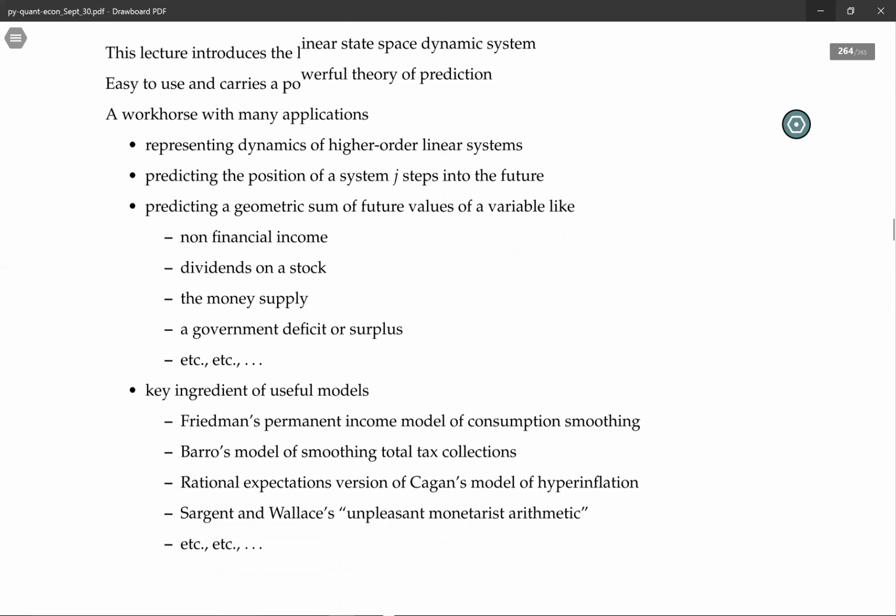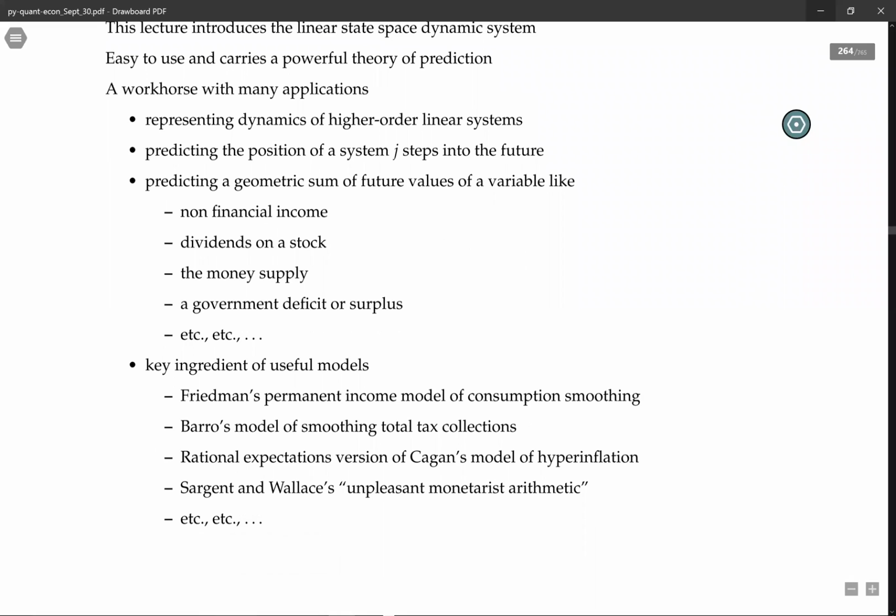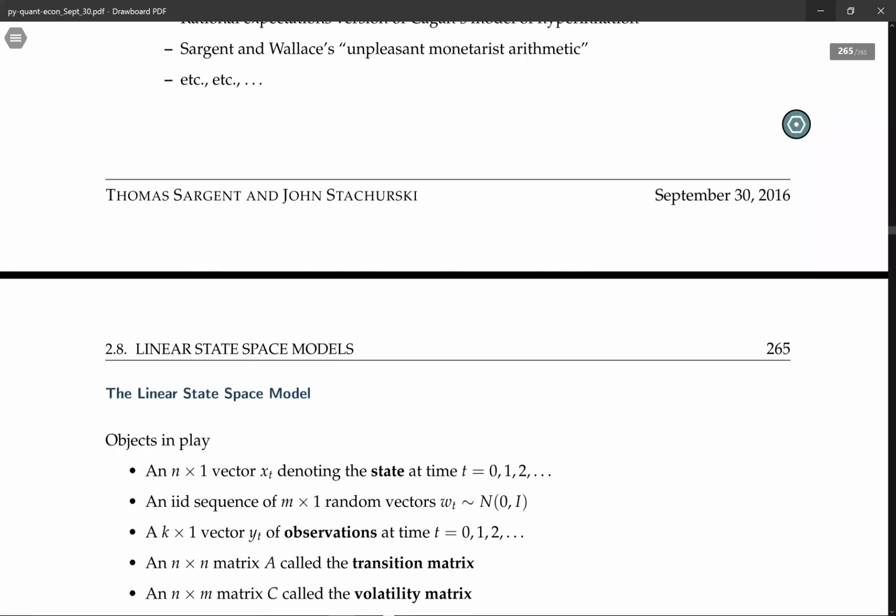It's useful for predicting geometric sums of future values of a variable like non-financial income, dividends on a stock, the money supply, almost anything of interest you can name. And it's going to be a key ingredient of Friedman's permanent income model of consumption smoothing and Barro's model of tax collections. That's what we're going to use it for.